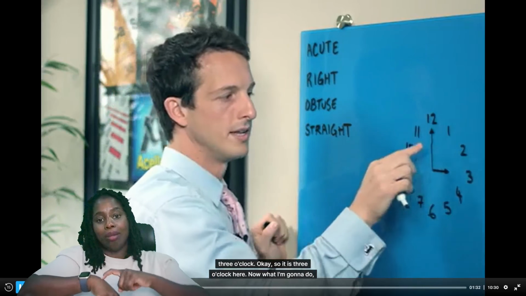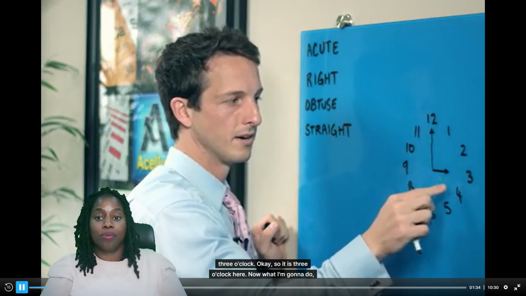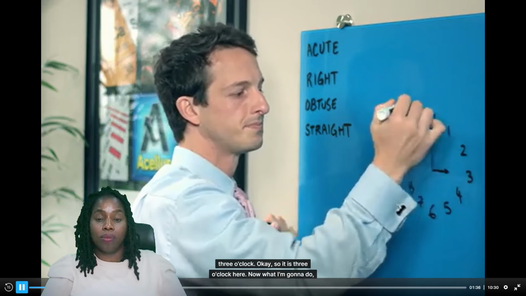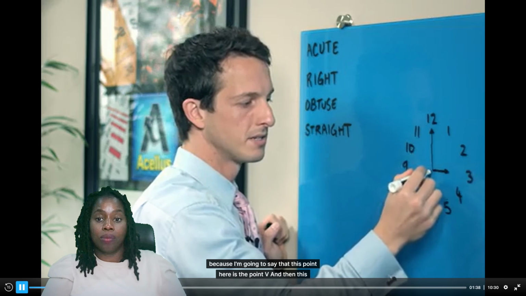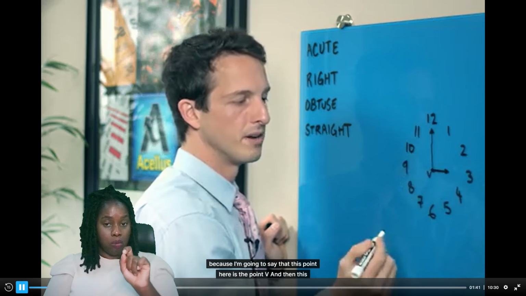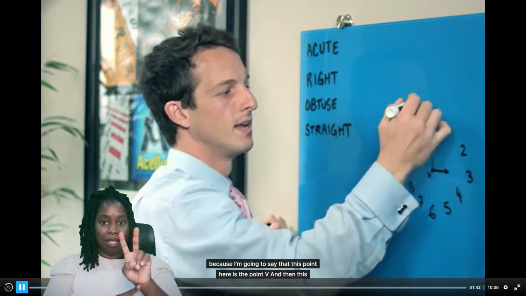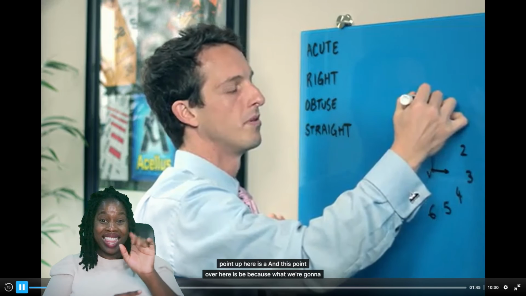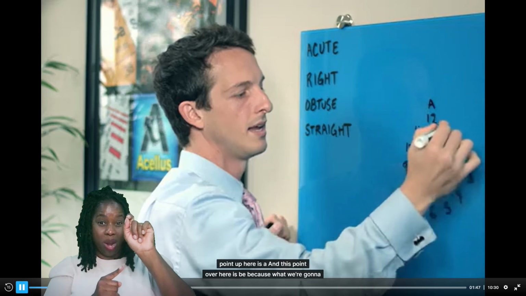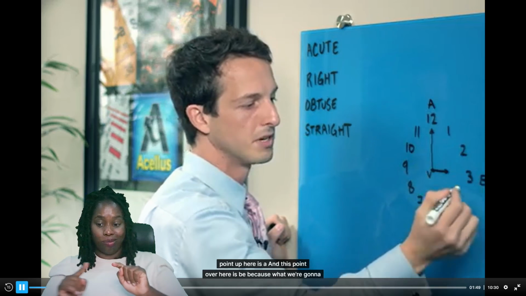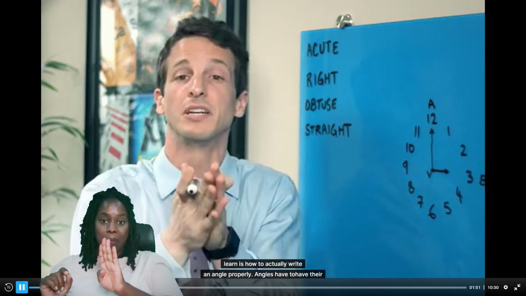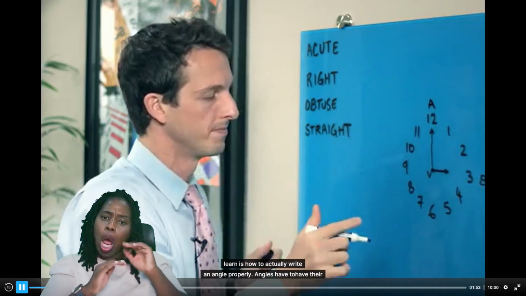Now, I'm going to say that this point here is the point V, and this point up here is A, and this point over here is B, because what we're going to learn is how to actually write an angle properly.